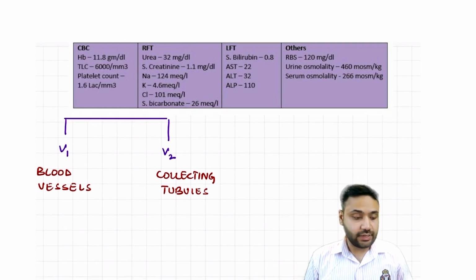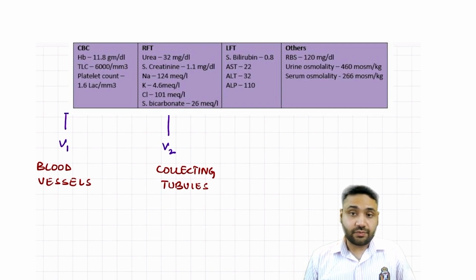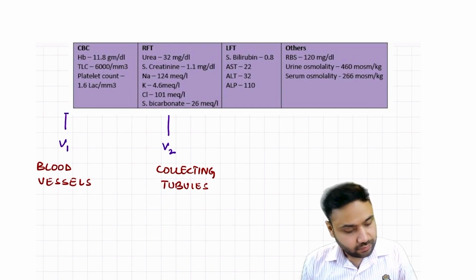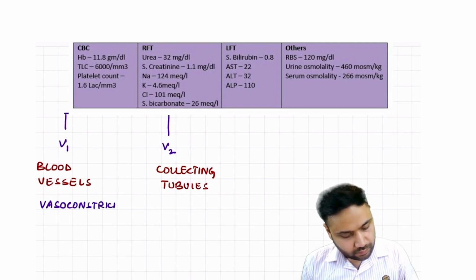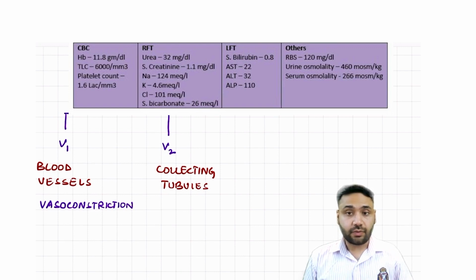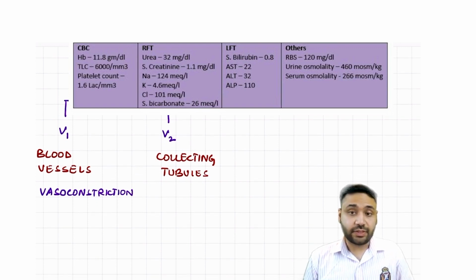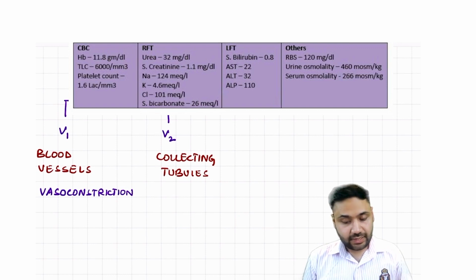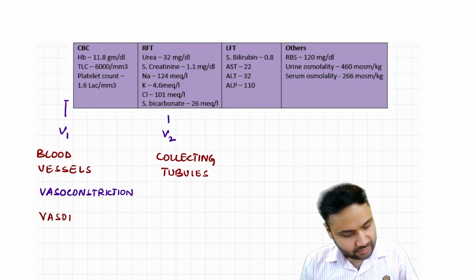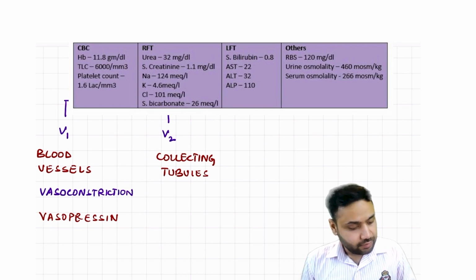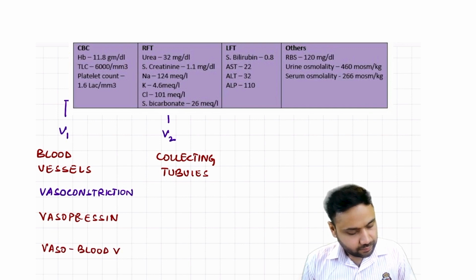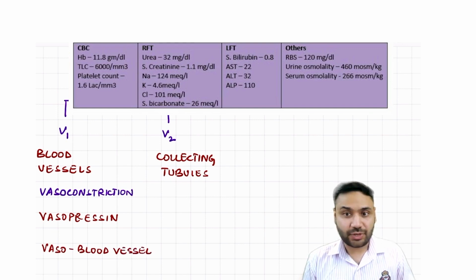The action of ADH on blood vessels via the V1 receptor causes vasoconstriction. Because it causes vasoconstriction, it is also named vasopressin. If we divide the name, vaso is blood vessel and pressin is constriction.